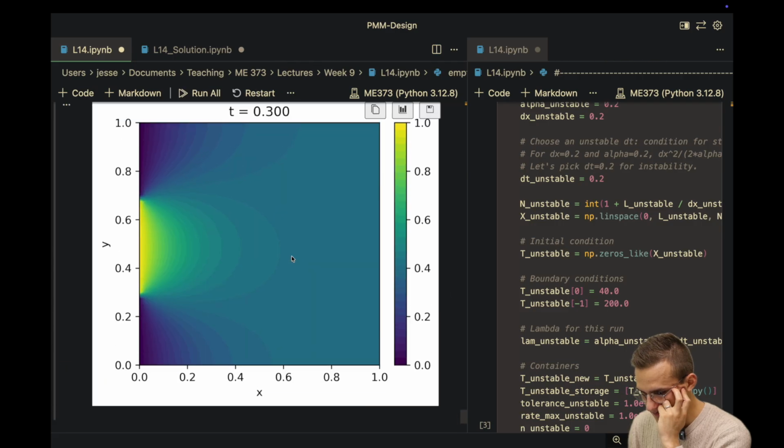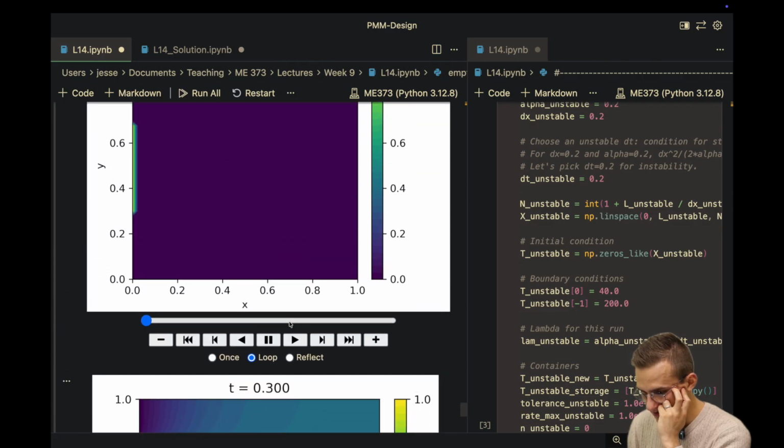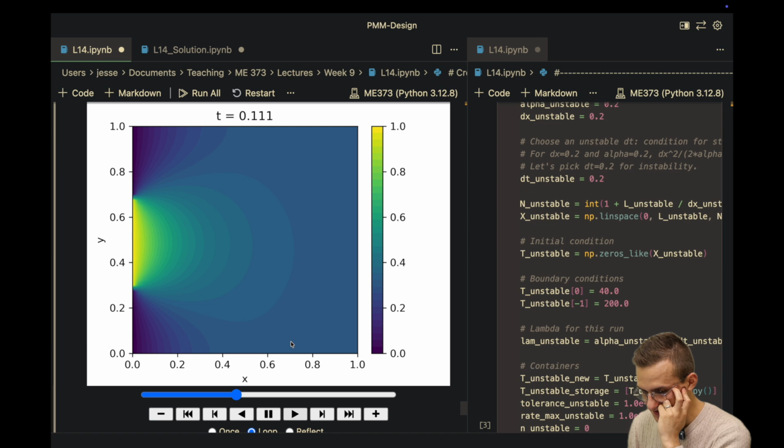Okay, so you can see how this high intensity on the left hand side for the first time step really diffuses out very quickly, and you can see how the higher intensity is diffusing out into the domain to the right and upwards.